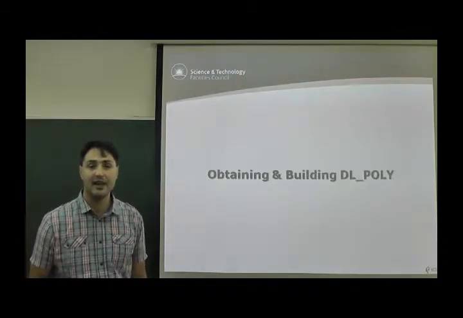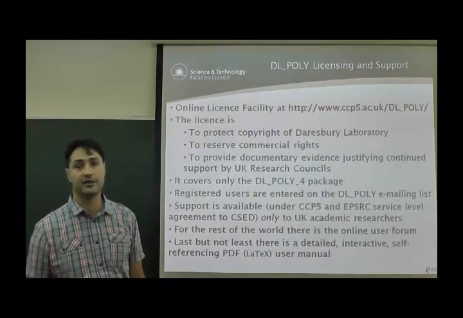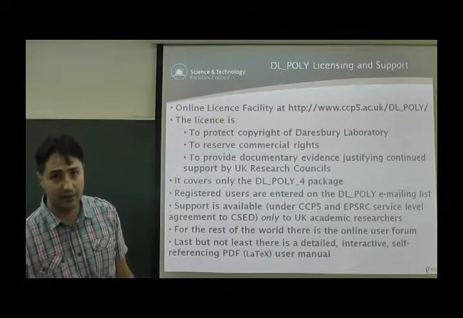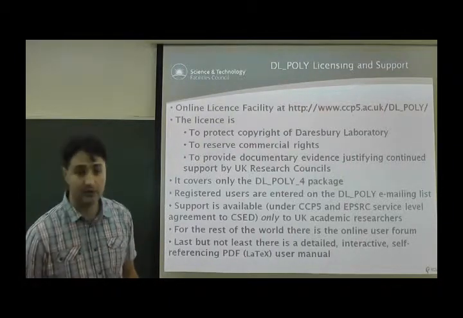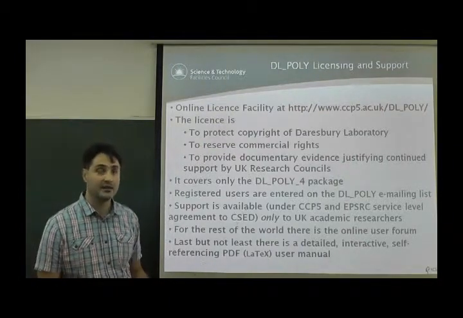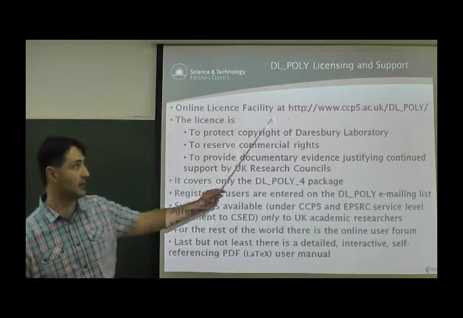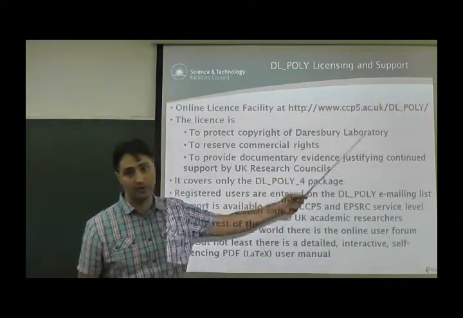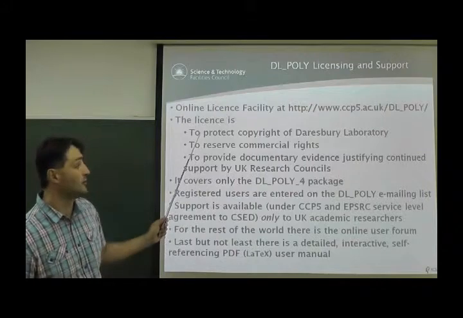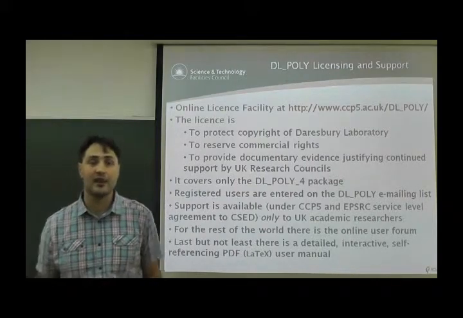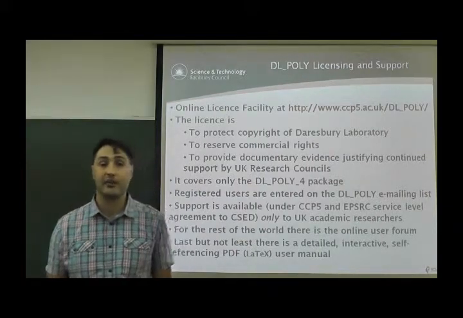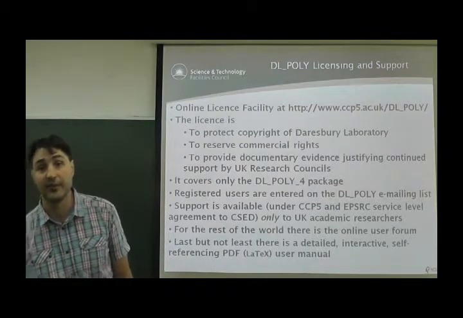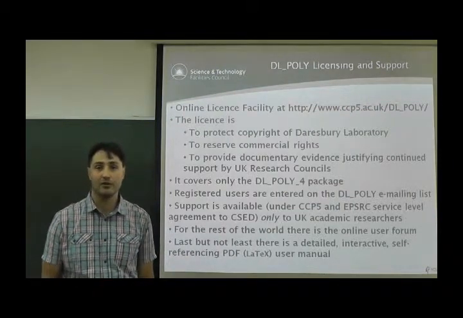So how do we obtain and build the DL_POLY packages? Essentially for DL_POLY 4, we still require a license, and there's a license facility following this legacy link, which goes to the right link. And why do we need a license? Because we need to protect the copyright of the package, which has been developed at Daresbury Laboratory over a long time.